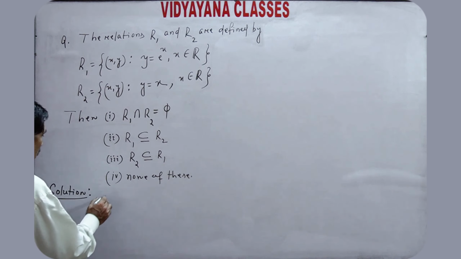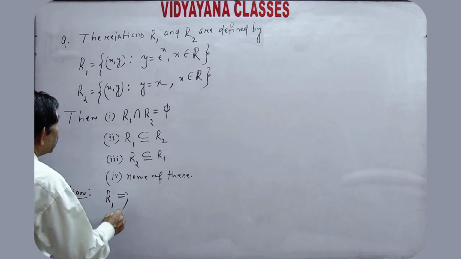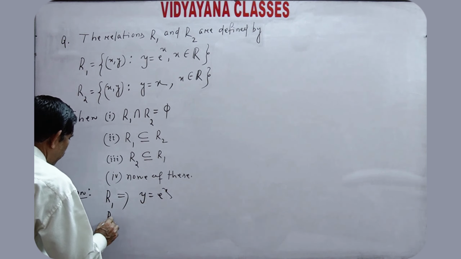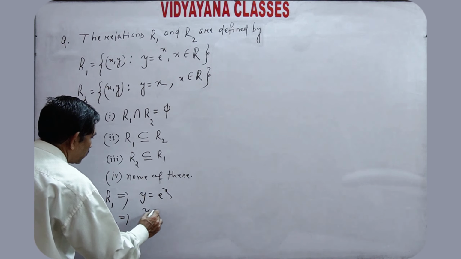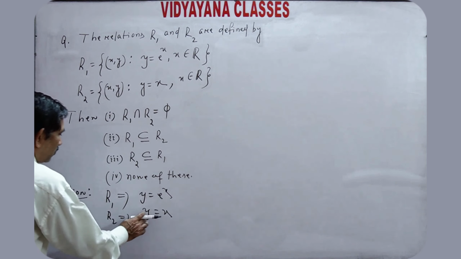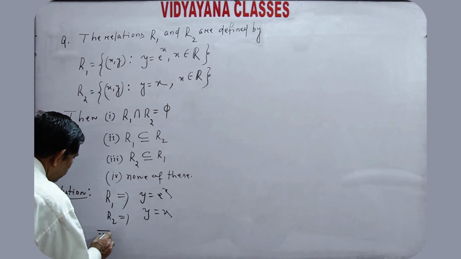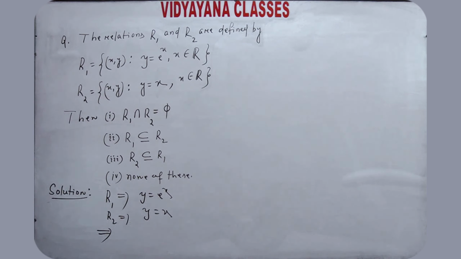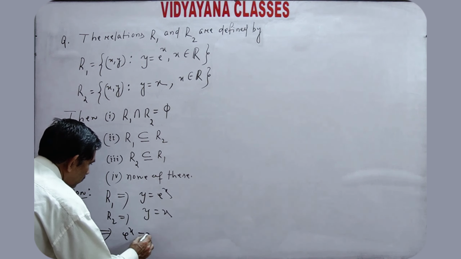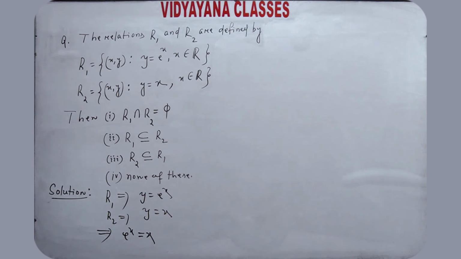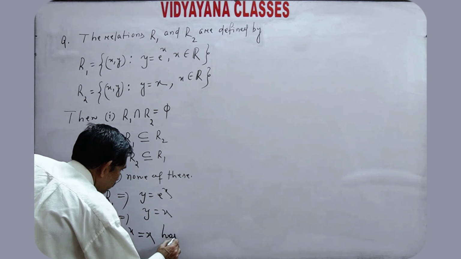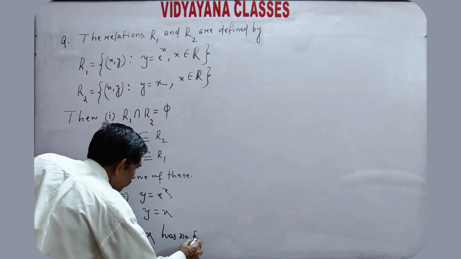Here R1 implies y is equal to e to the x, R2 implies y is equal to x. Setting them equal implies e to the x is equal to x, which has no solution.